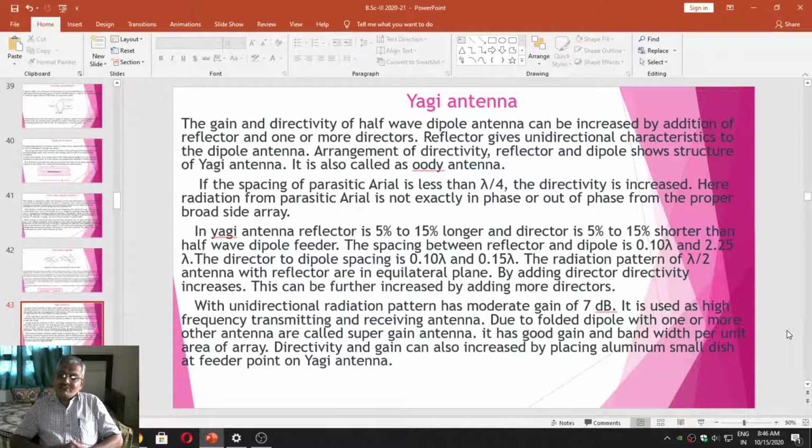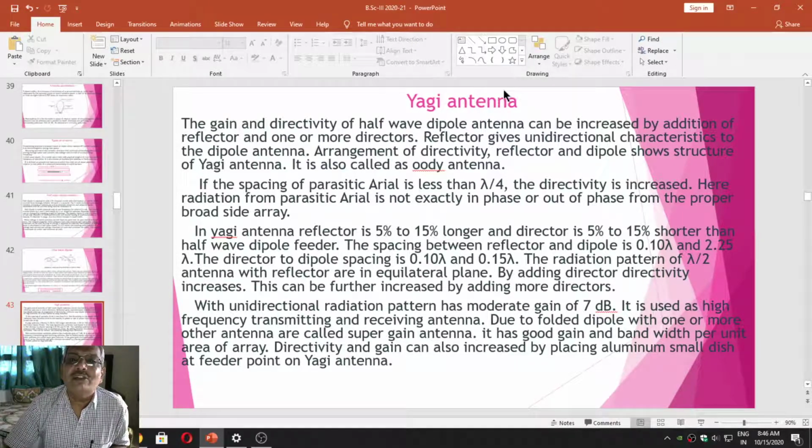It is used as one of the elements in a new antenna where the gain and directivity are going to increase. That new type of antenna, where the folded dipole is a part, is known as the Yagi antenna.